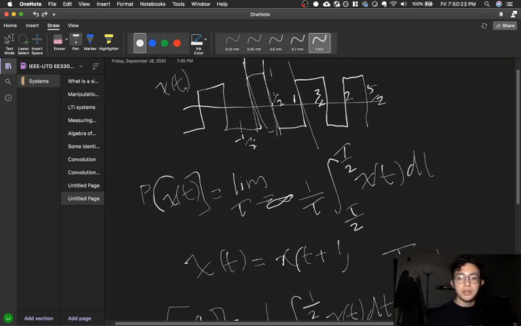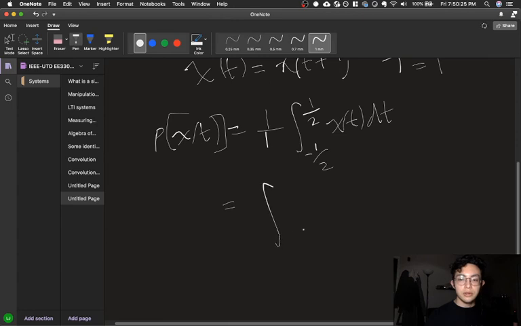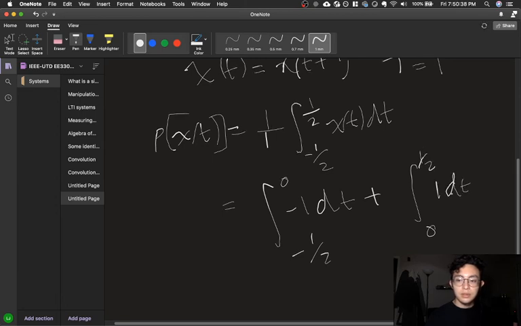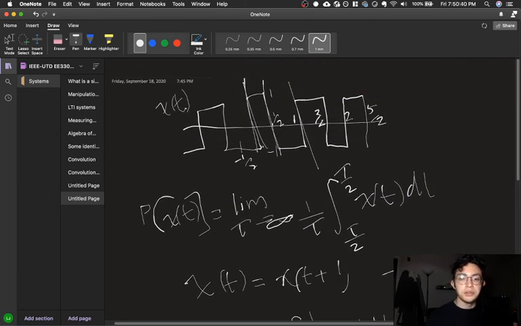We'll basically break it up into the integral from -1/2 to 0 of -1 dt plus the integral from 0 to 1/2 of 1 dt. That's because the way I drew it, it's -1 on the left side and positive on the right side of the x-axis.